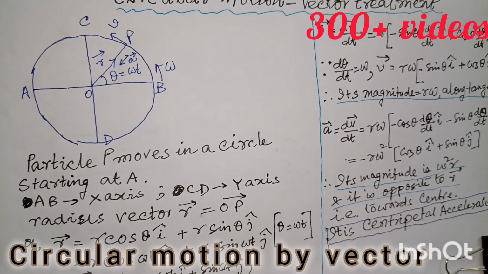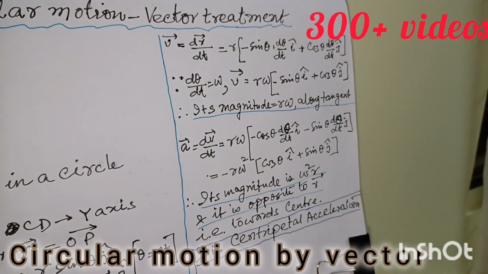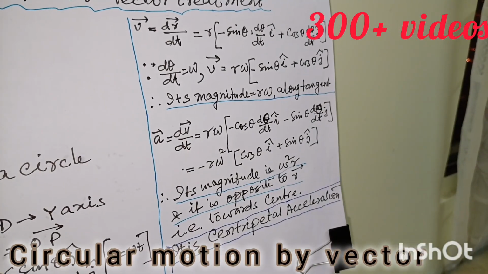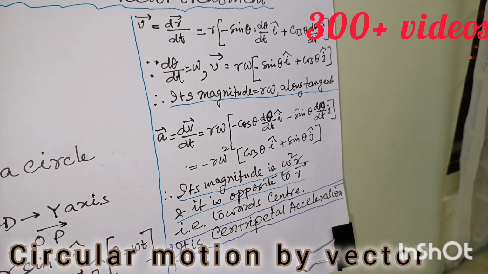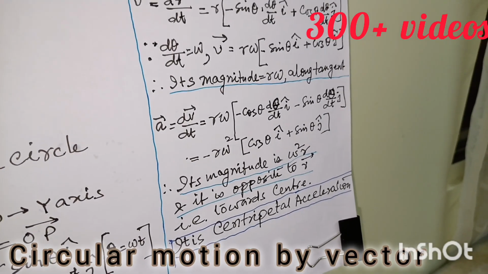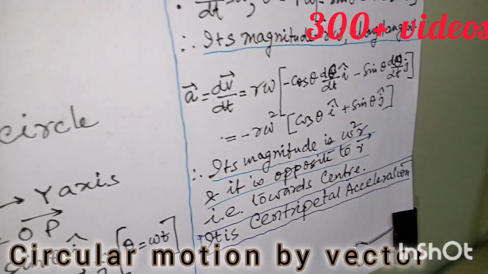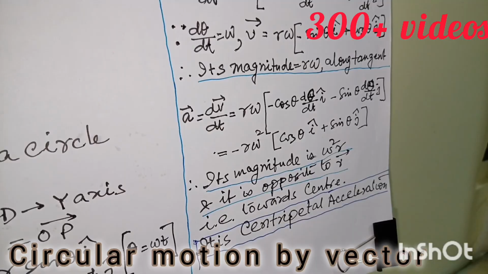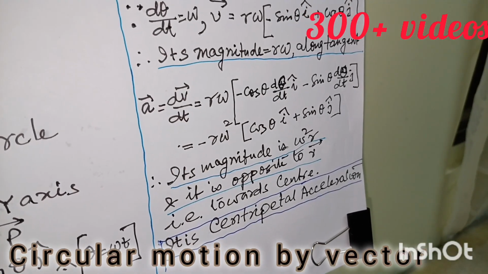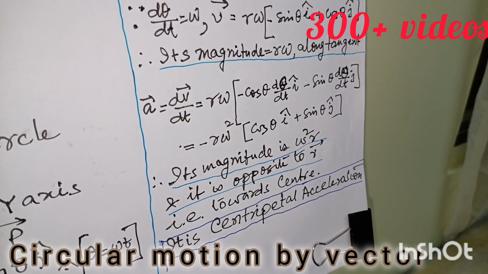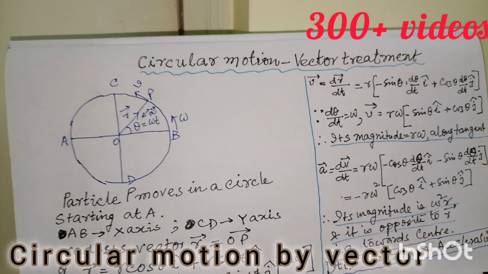So we take a vector representation of the position vector, we differentiate it to get the velocity vector, we differentiate it further to get the acceleration vector. The velocity vector has a magnitude r omega and is tangential. The acceleration vector has a magnitude omega square r and is along the radius and towards the center, and this is called centripetal acceleration.